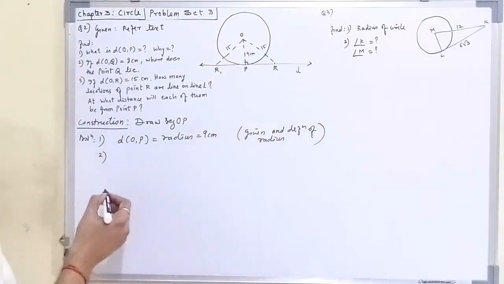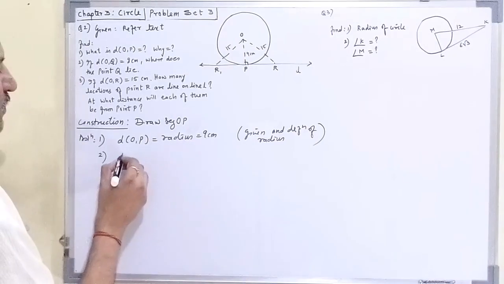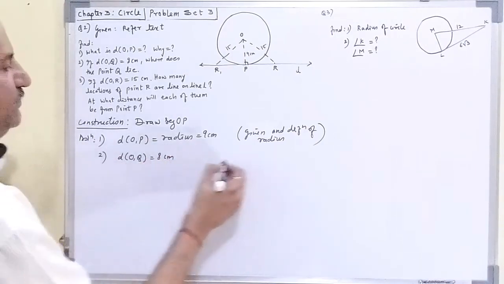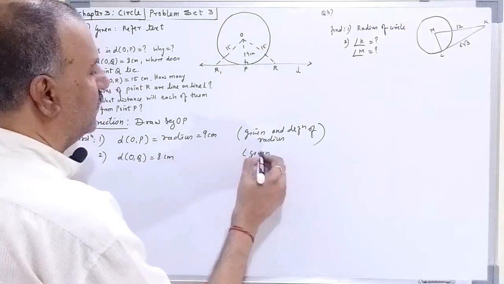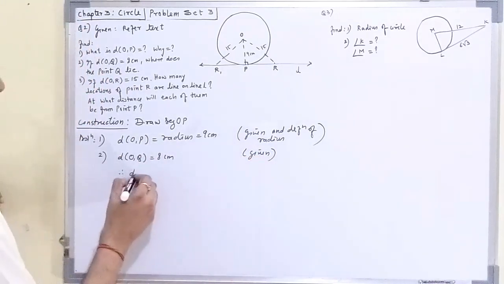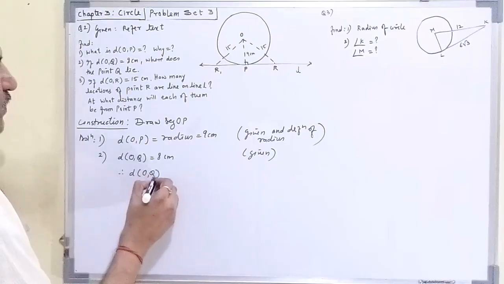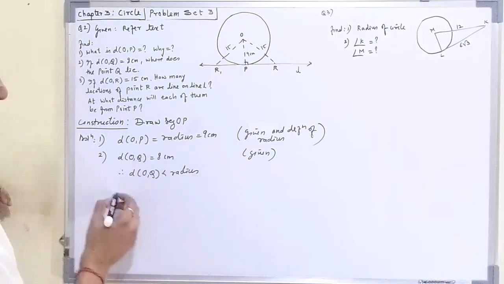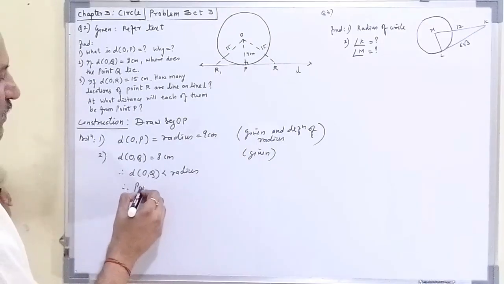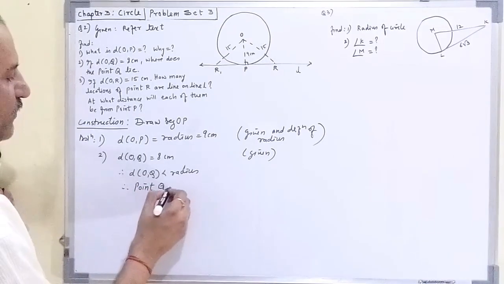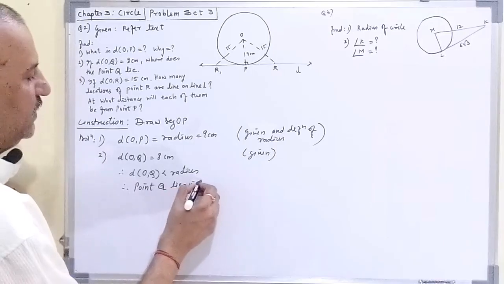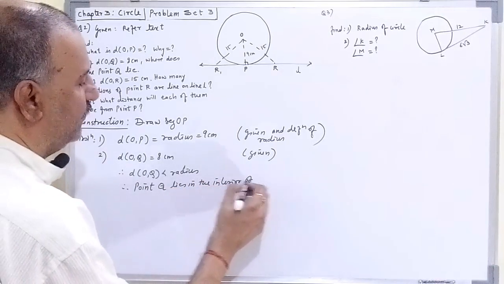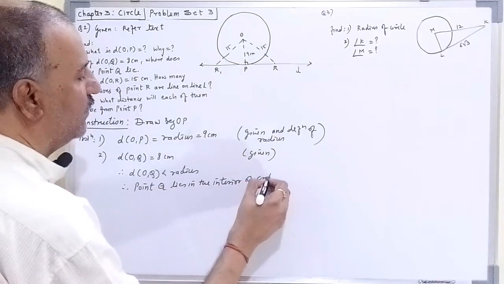Step number 2: Distance OQ is equal to 8 centimeters. This is given. Therefore, distance OQ is less than radius. Therefore, point Q lies in the interior of the circle.